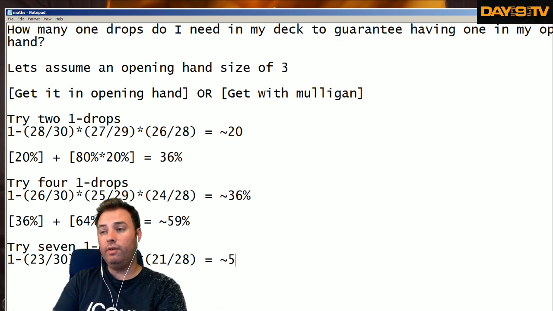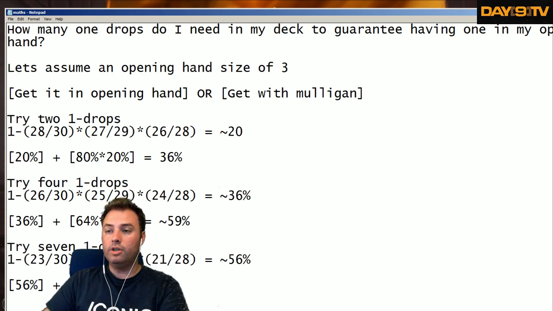This gives you a 56% chance of getting it in your opening hand pre-mulligan. Now we're going to add on the remaining 44% of the time, where we're still shooting for a 56% chance of drawing it.